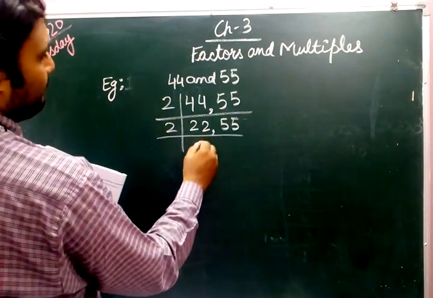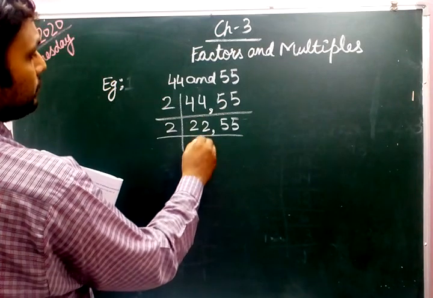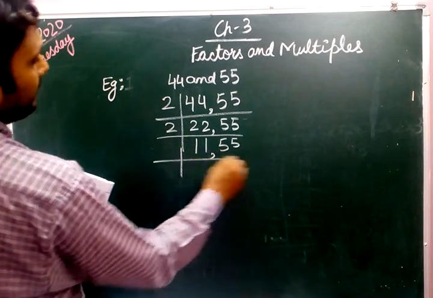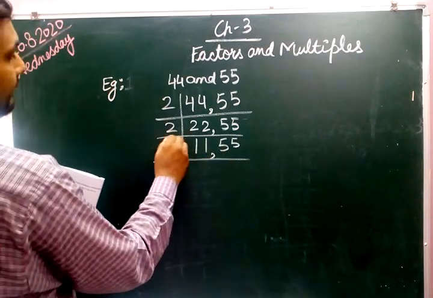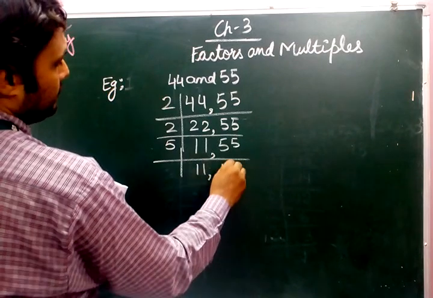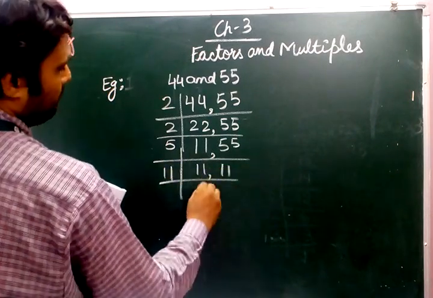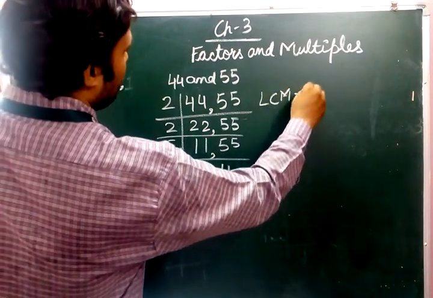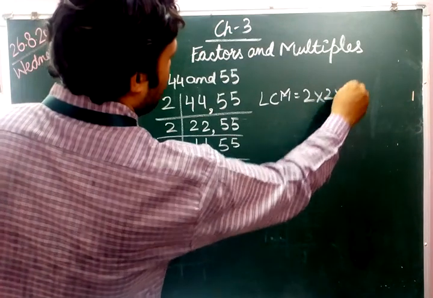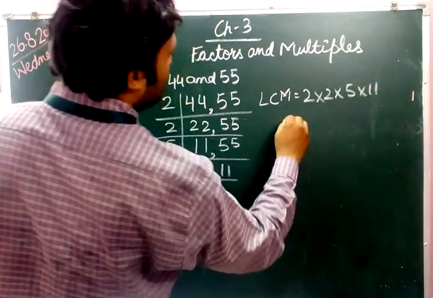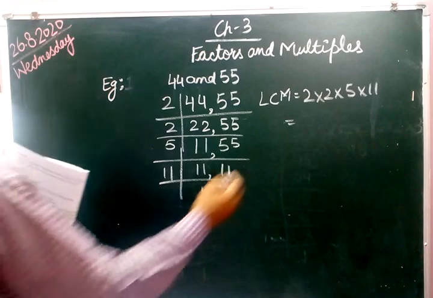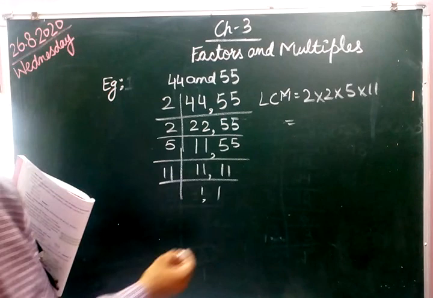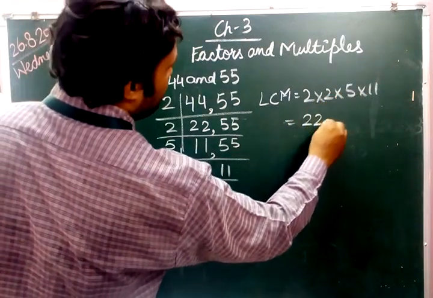Again 22 is divided by 2, you get the answer 11, and 55 will remain as it is because it is not completely divisible by 2. 5, 11, here you got 11. 11 is divisible by both the numbers, so the LCM is 2 multiplied by 2 multiplied by 5 multiplied by 11. 2 multiplied by 2 is 4, 4 multiplied by 5 you get 20, and 20 multiplied by 11 you get 220.